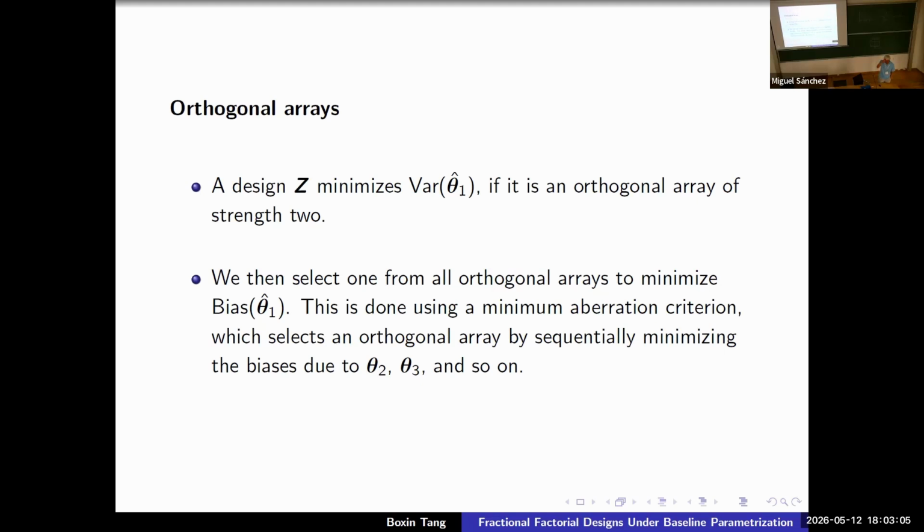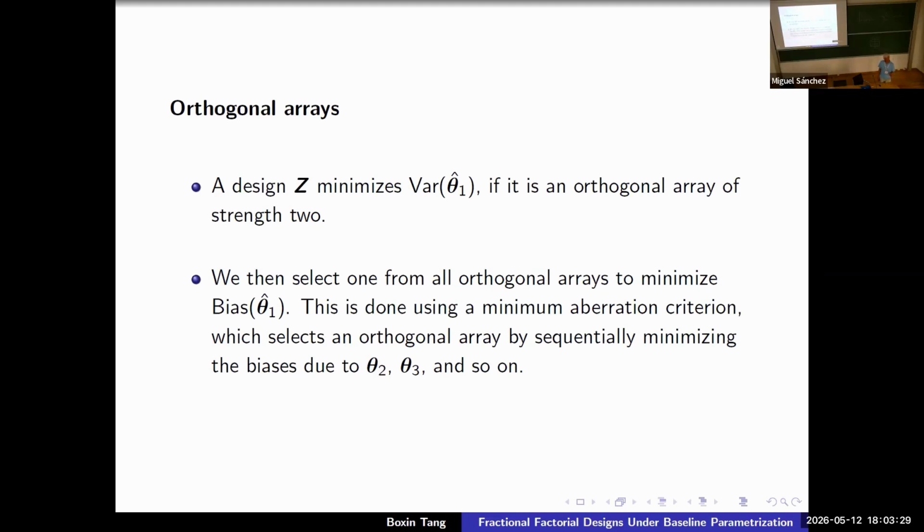You don't really minimize the variance matrix; you might minimize certain aspects of the variance covariance matrix. But for now, let's just say that if the design is an orthogonal array, it minimizes the variance. So we have the variance minimized.